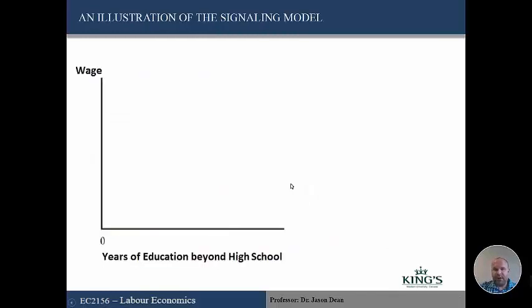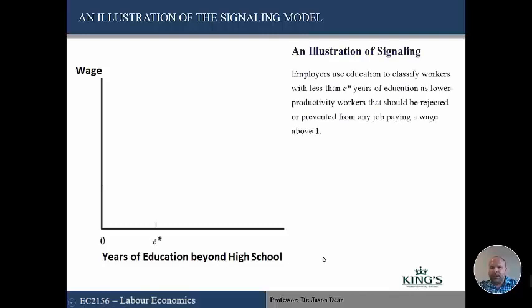Okay, so let's look at a diagram to get a better feel for this. Here we have our wage, and we have years of education beyond high school. Let's suppose employers use education to classify workers, and any with less than E star years of education are considered lower ability by the employers, and anyone who gets at least E star would be of high ability.